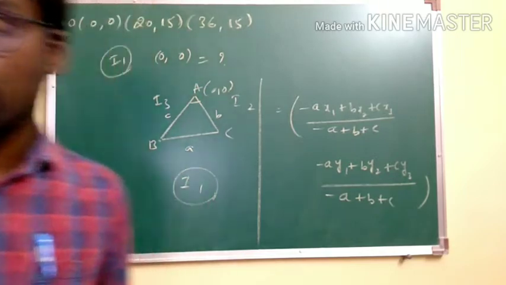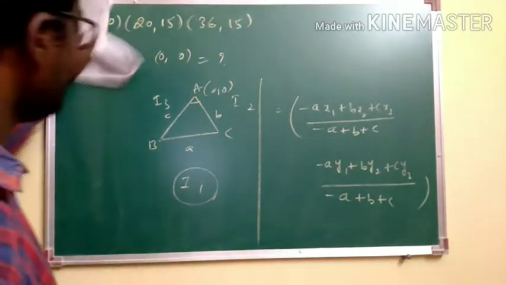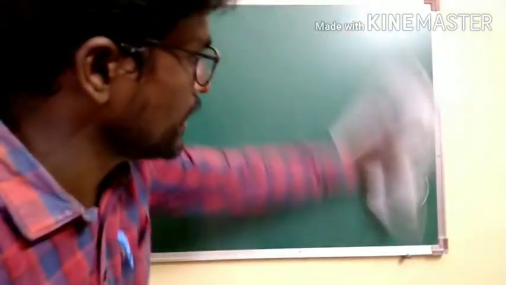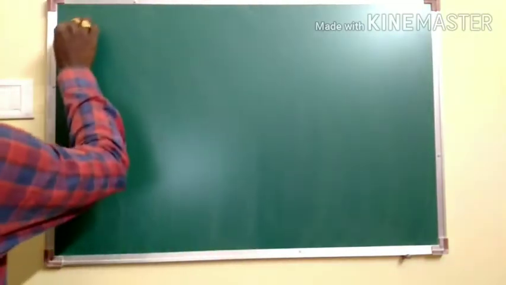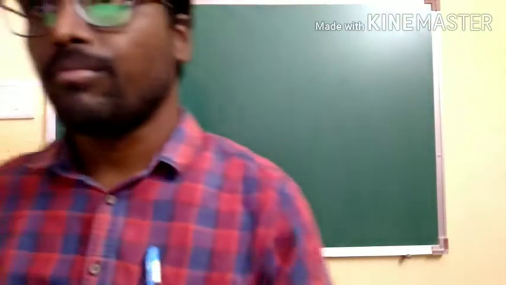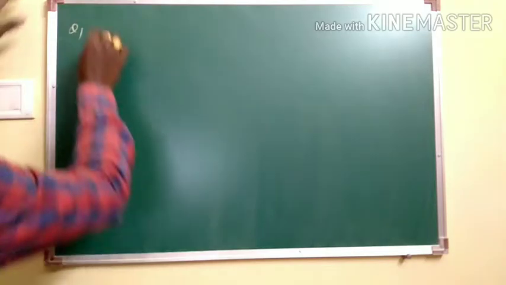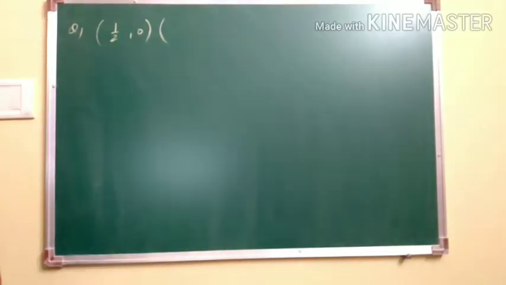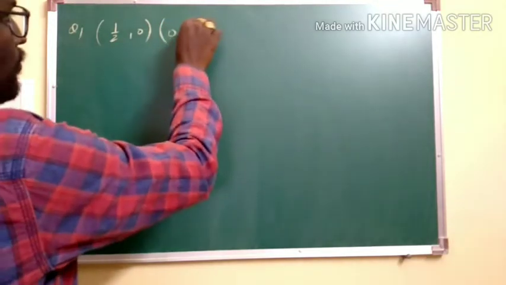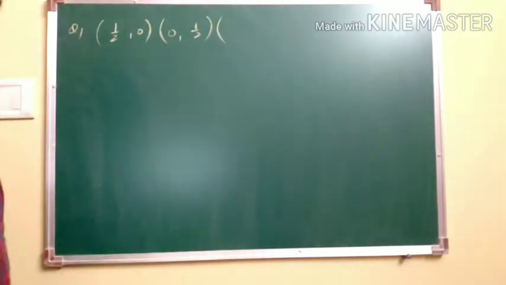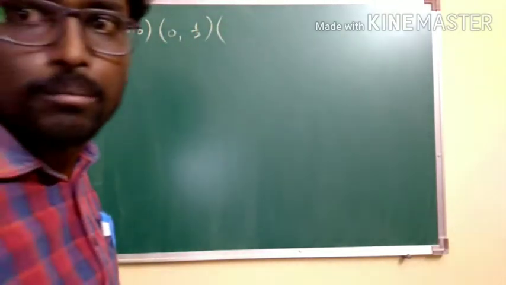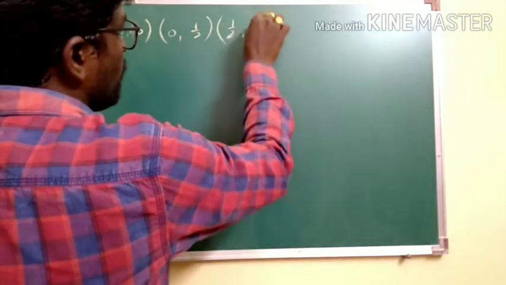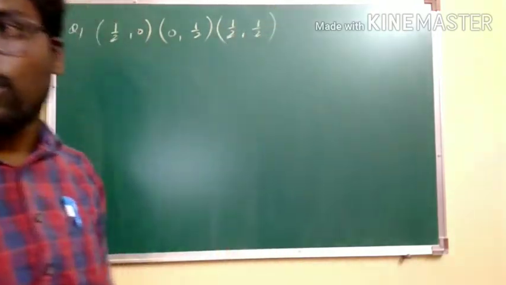The midpoints of the sides of a triangle are 1/2, 0; 0, 1/2; and 1/2, 1/2.